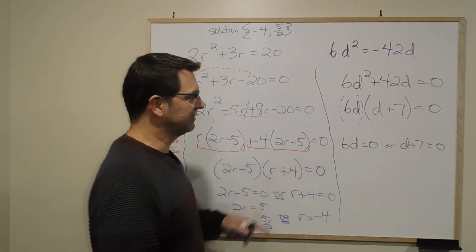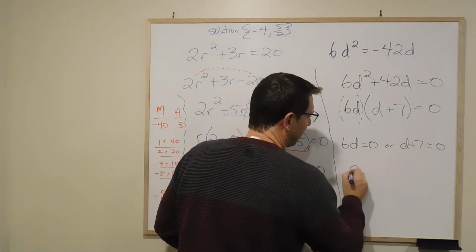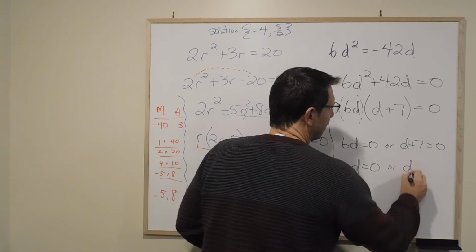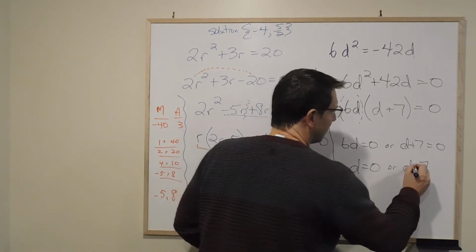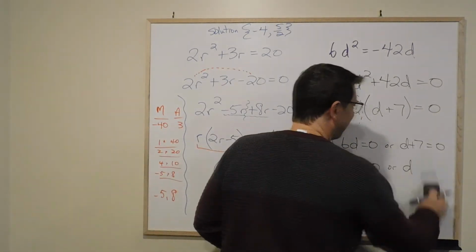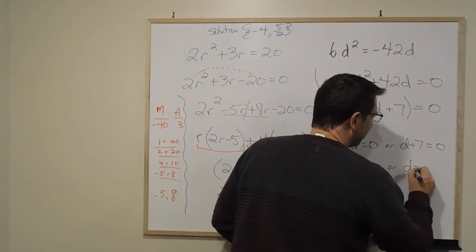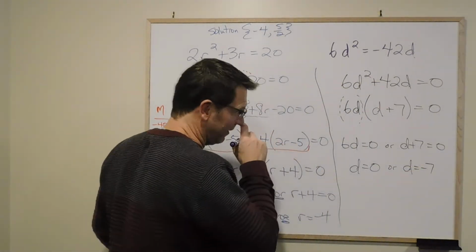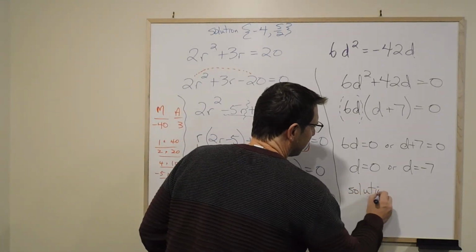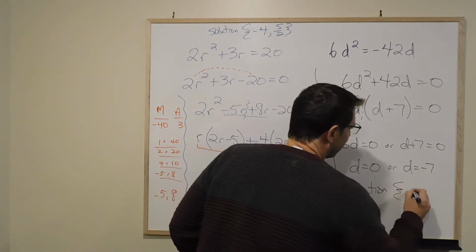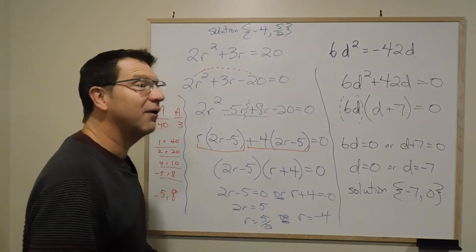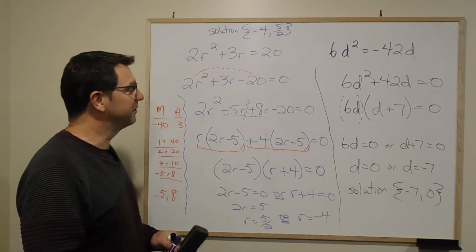Well, if 6d equals 0, we divide both sides by 6, 0 divided by 6, d is 0, or d is negative 7. Okay, d equals negative 7, right? And our solution is negative 7 and 0, right?